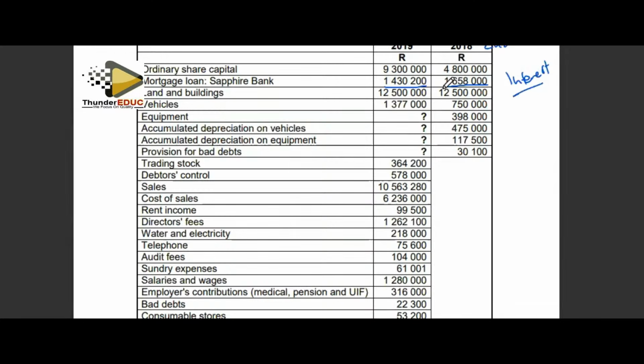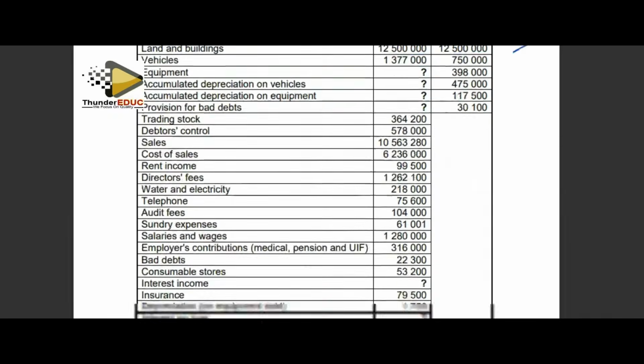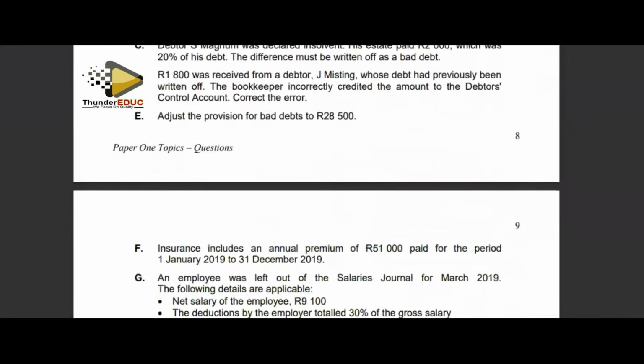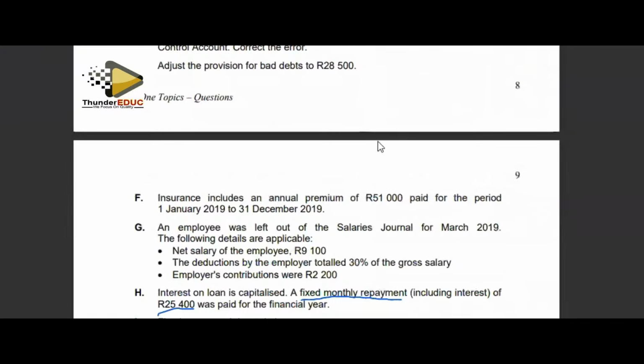Okay. Now, what do we need to do here? But they have given us the interest amount we pay. We are paying the installment, which is mentioned here. Let's go here. This installment, the monthly repayment, includes the loan repayment and the interest repayment.